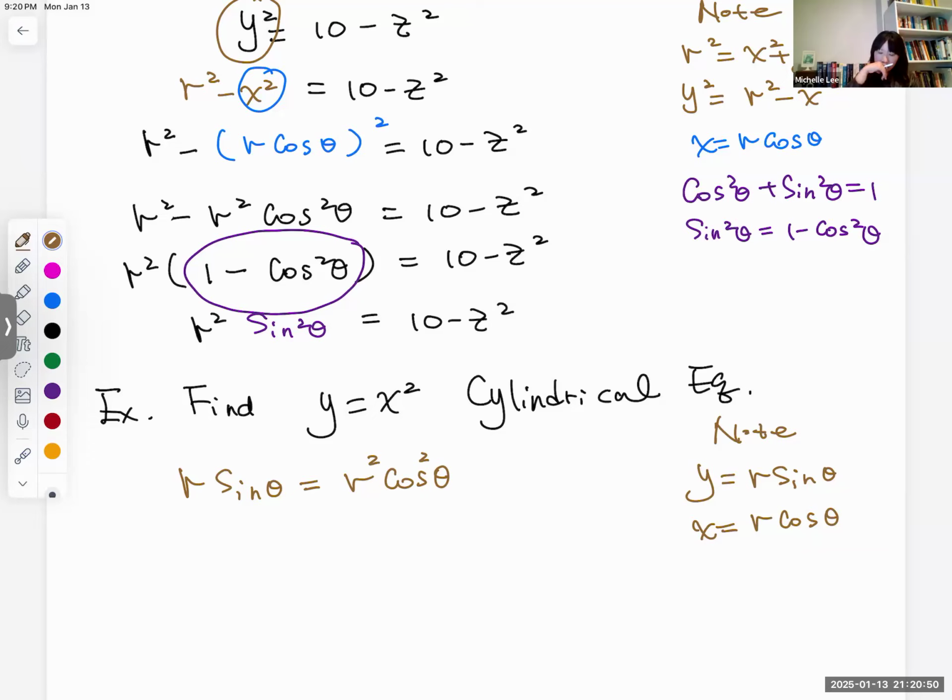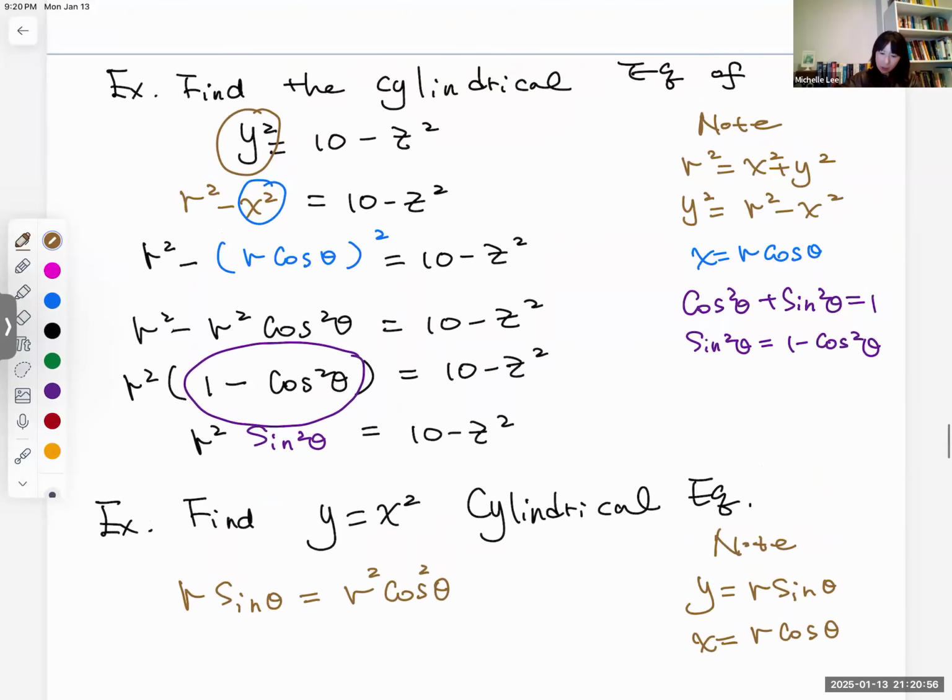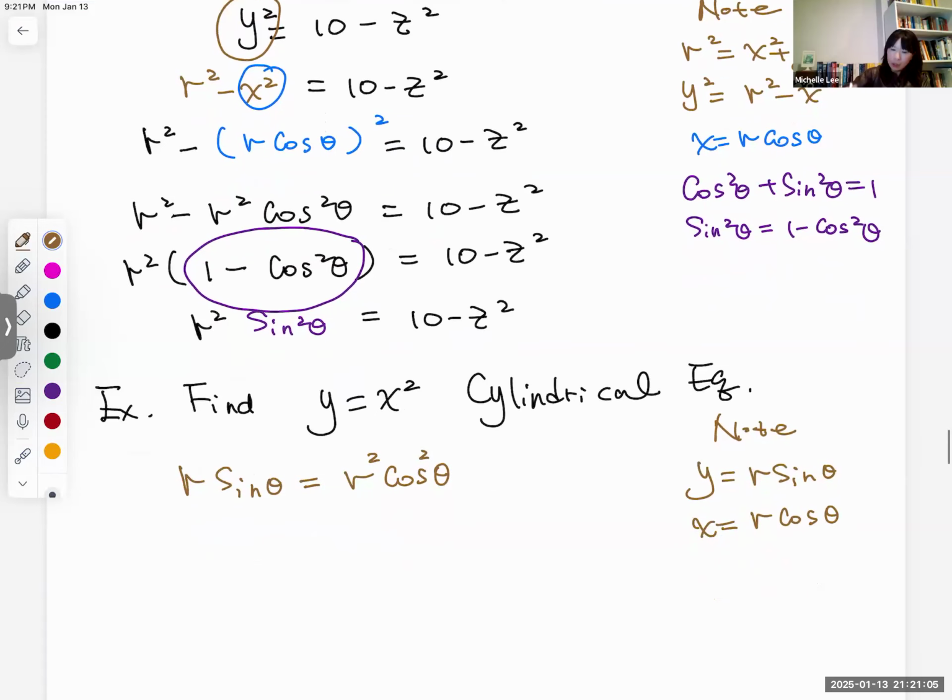So for cylindrical, we want to express r equal to something.